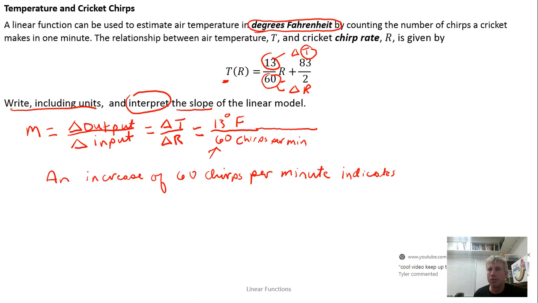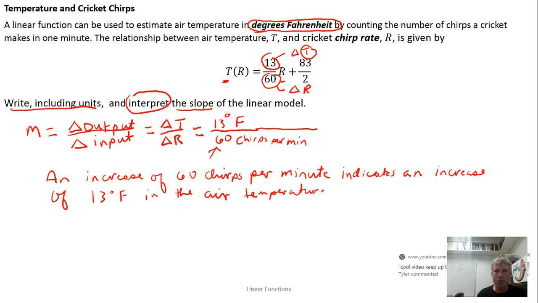Indicates an increase of 13 degrees Fahrenheit in the air temperature. Or we could say that for every increase of 60 chirps per minute, we expect a corresponding increase in air temperature of 13 degrees Fahrenheit.